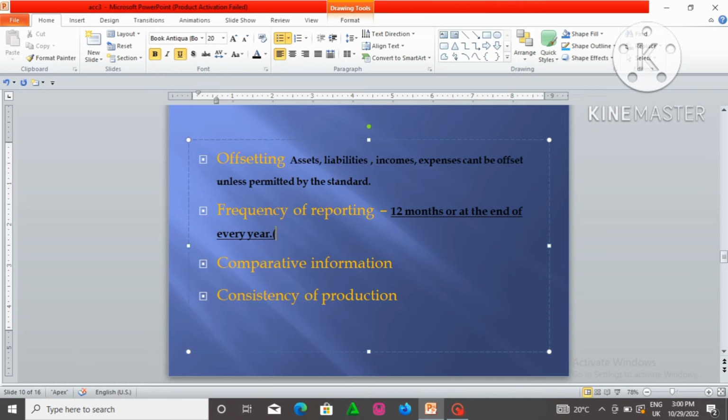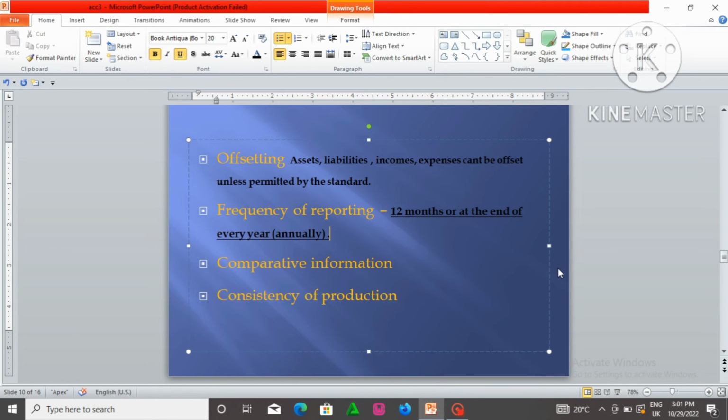If an entity changes its accounting date and so presents a set of financial statements for a period which is longer or shorter than 1 year, then the entity should disclose, first of all, the reason for using a different period, for using a period that is longer or shorter than 1 year.